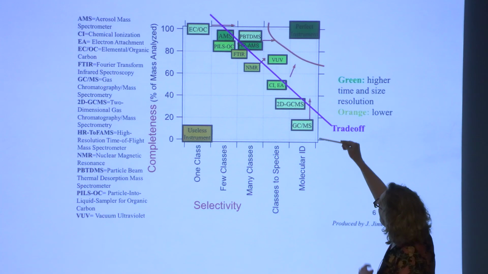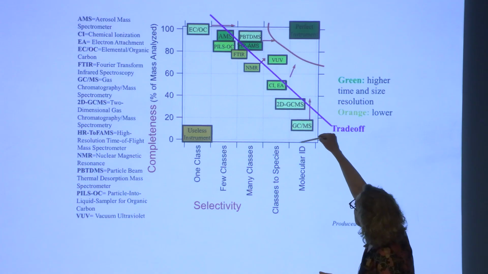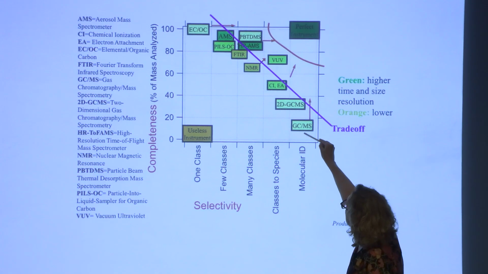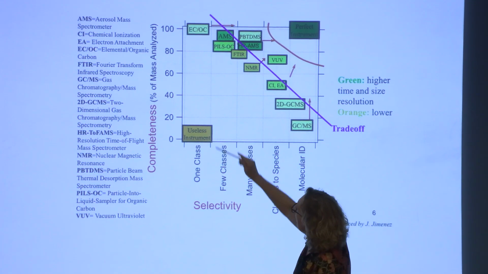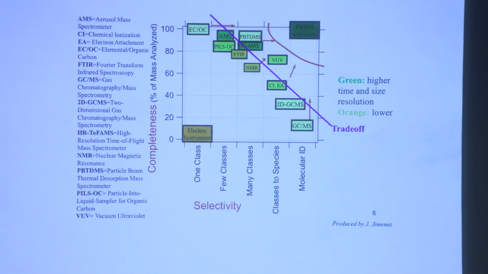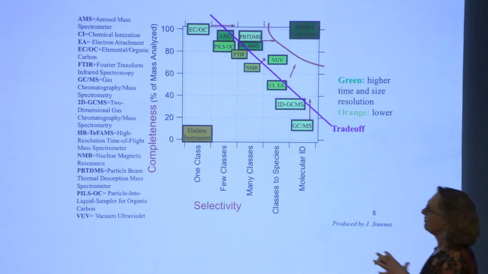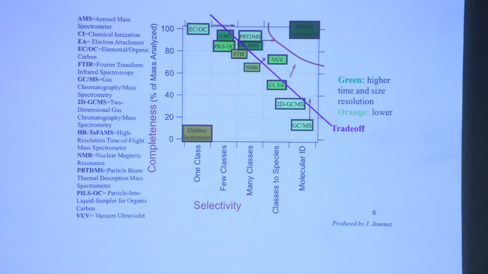If you really want to identify things on a molecular level, which some of these instruments can do, for example GCMS, gas chromatography mass spectrometry, they really get a lot of detail about what is in your organic aerosol, what the different components are, but they can only identify a small fraction of all the organics, right? Then there are other instruments.